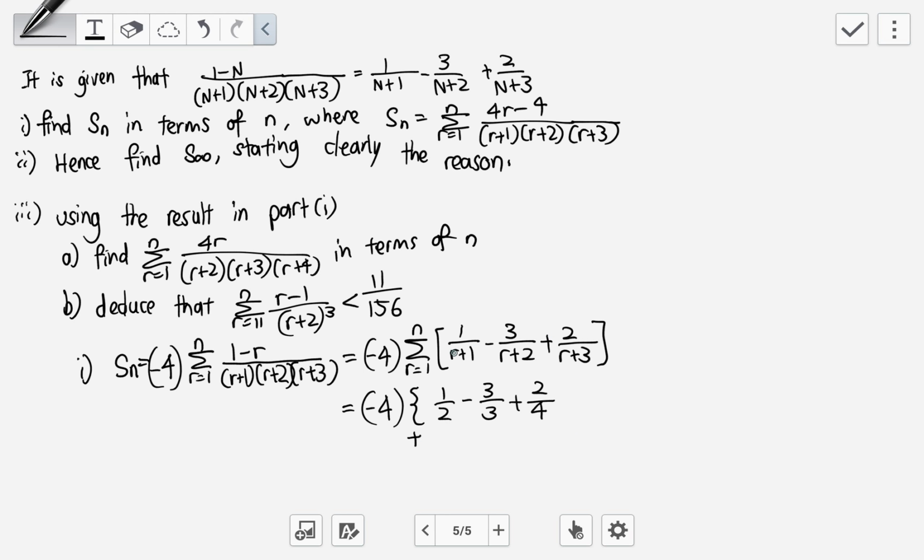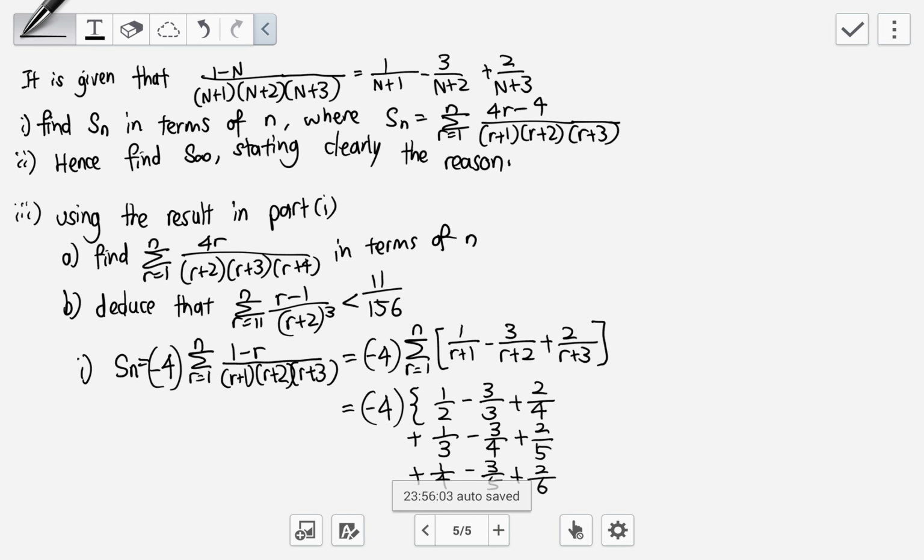So when r equals to 2, this is 1/3 minus 3/4, and this is 2/5, so plus 2/5. And when r equals to 3, I'll get plus 1/4, then minus 3/5 and plus the third term, 2 over 6.